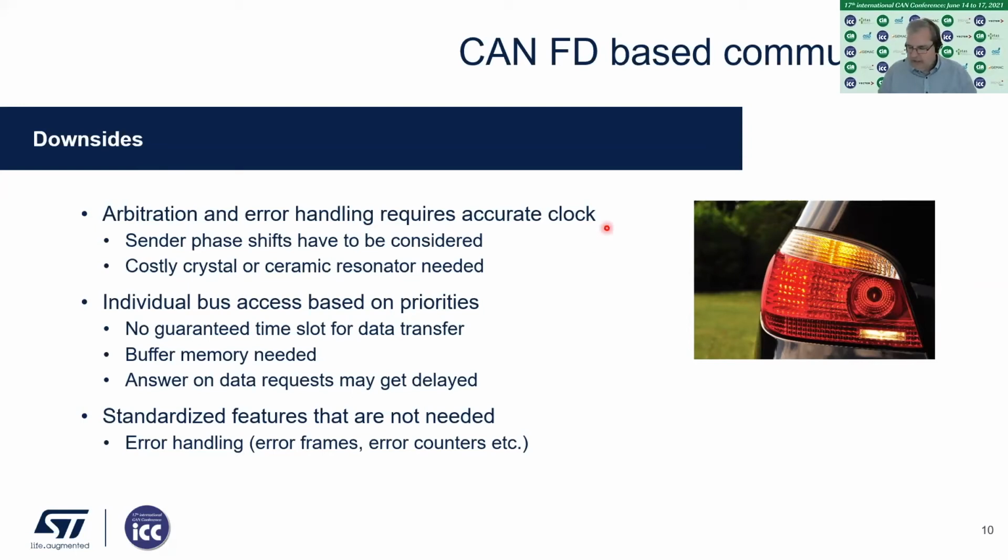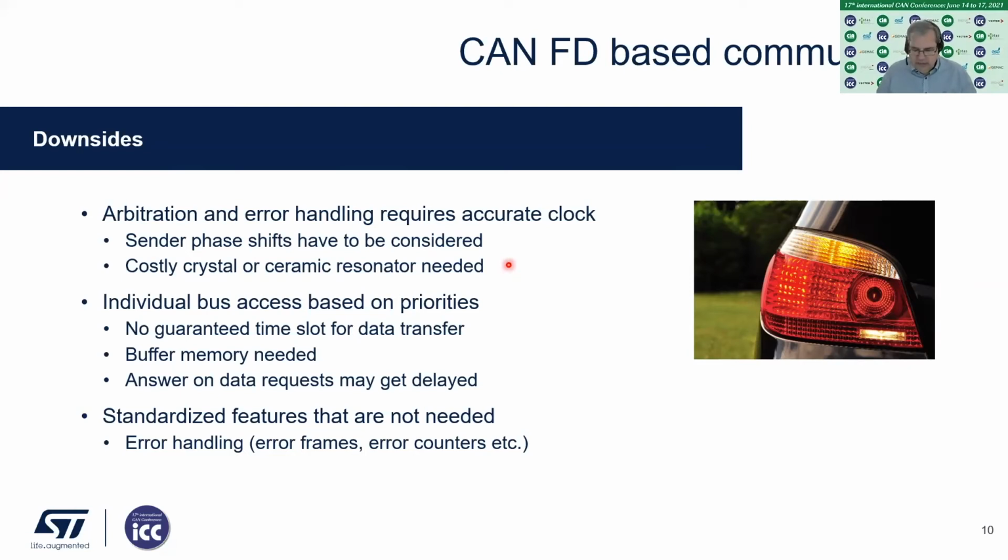That's why in CAN and CAN FD networks, usually crystal oscillators are used, sometimes also ceramic resonators, and they're expensive. For the arbitration, we have to account for sender phase shifts, and therefore we get this very costly ceramic resonator. And when we think about it, we cannot place crystals at a maturity of drivers for actuators.